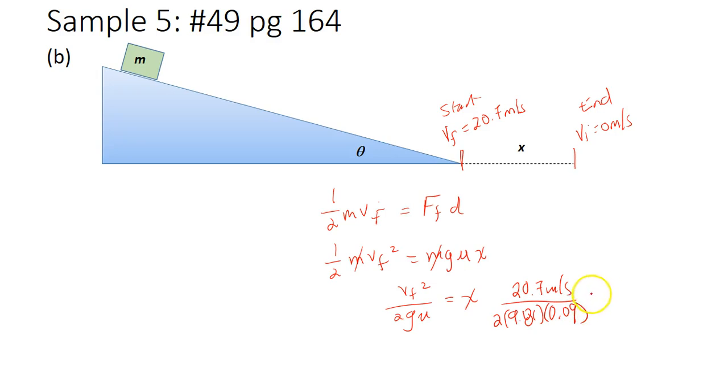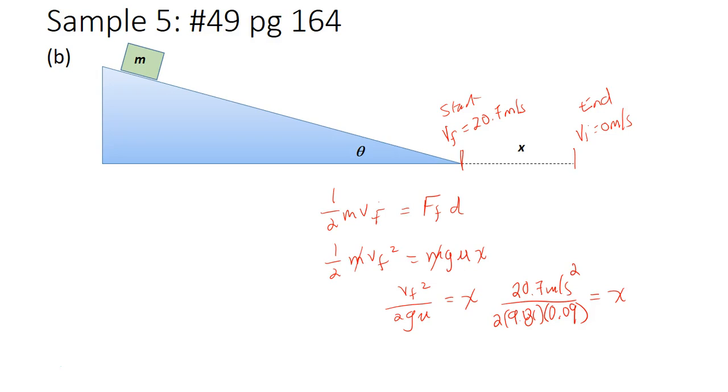Now in the previous problem it said that mu was the same. I almost forgot to square it. There you go. That would have been pretty bad. Okay. 20.7 squared divided by 9.81 divided by 2 divided by 0.09. Oops, that didn't work.